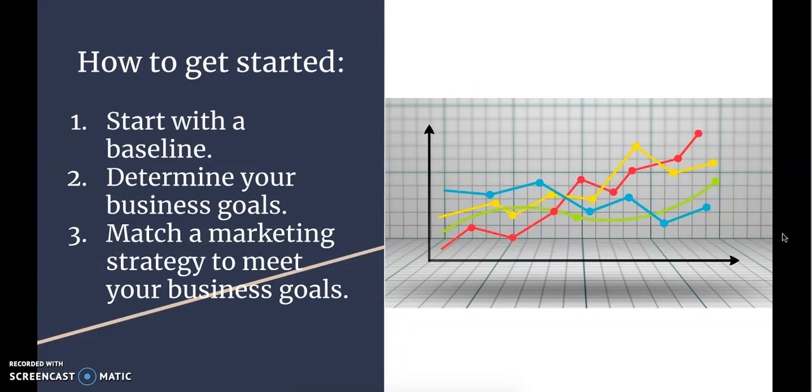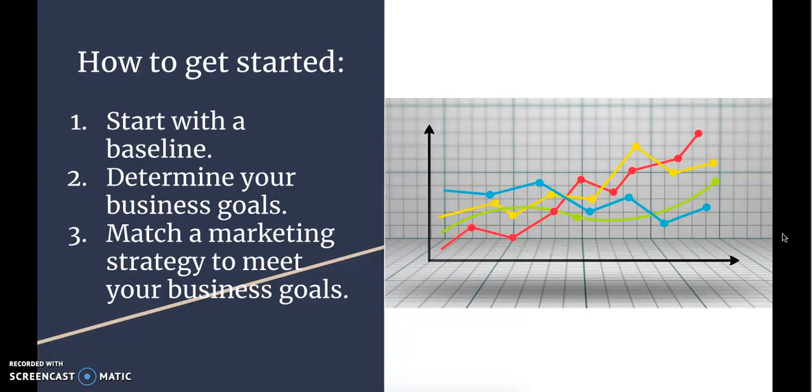So how to get started? What we suggest is start with a baseline. Understand where you are with your site and how everything is being presented in search engines. We offer a third-party site to help you, and it's a free report.